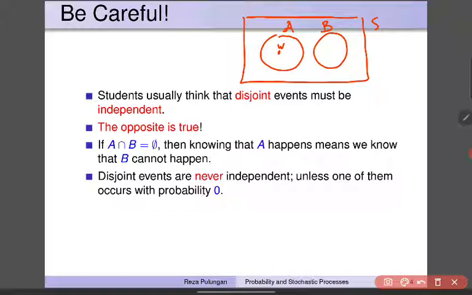So disjoint events are never independent. They are always dependent upon one another. So be careful about this. Unless, of course, one of them occurs with probability 0. Then, in that case, we will see also with our previous definition.